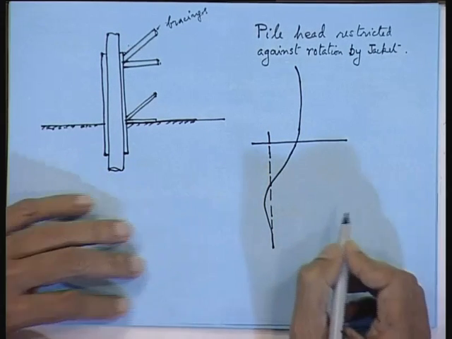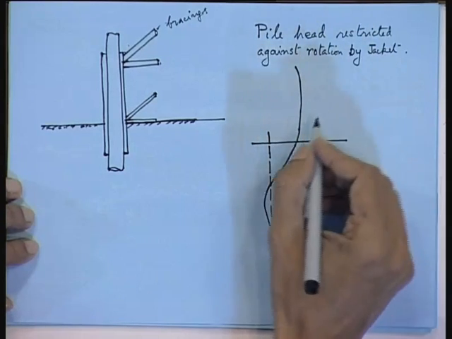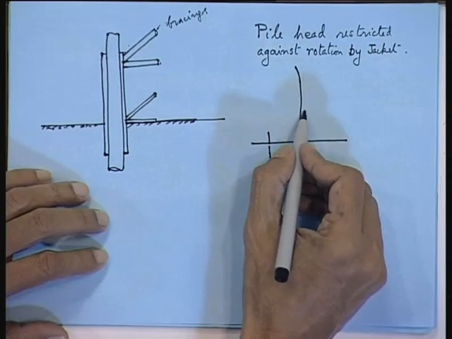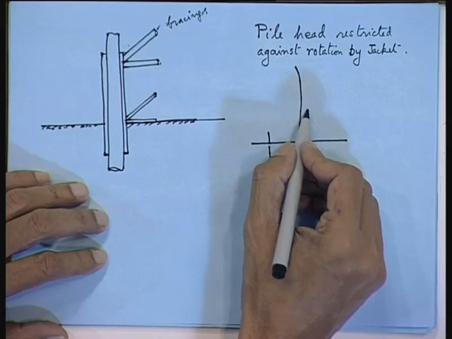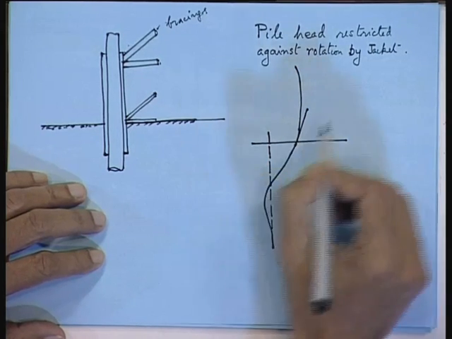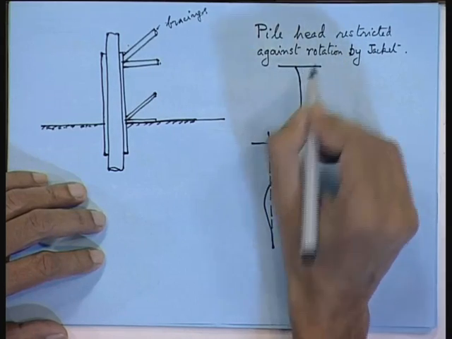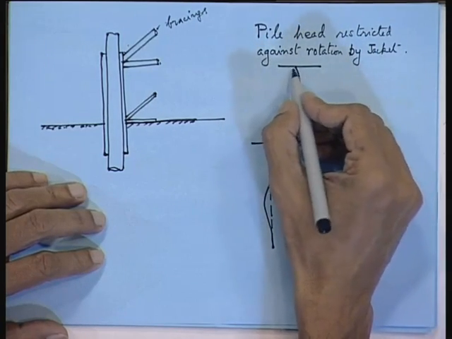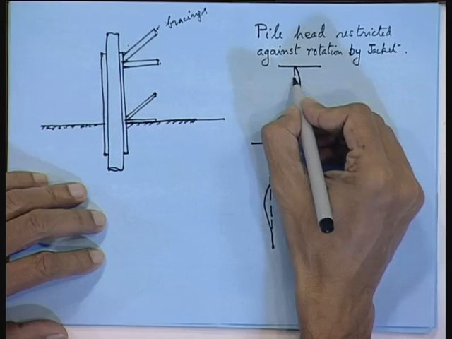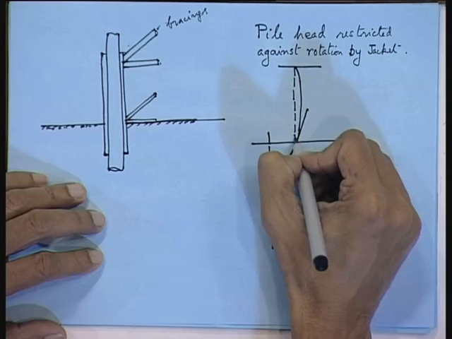So, this is a pile head restrained by the jacket. Now, at this point you will get a slope. So, there is deflection as well as rotation.